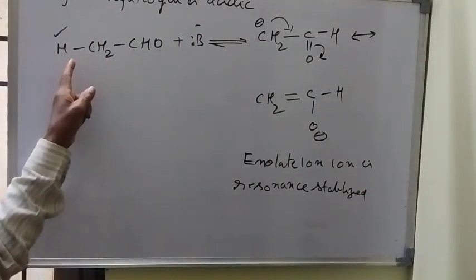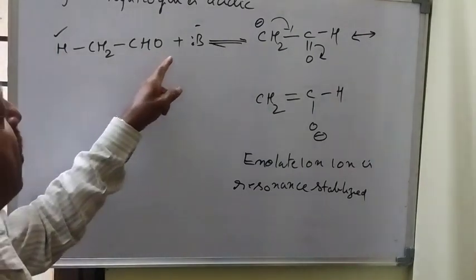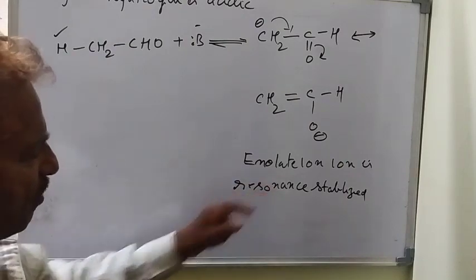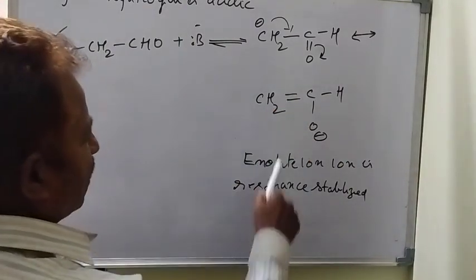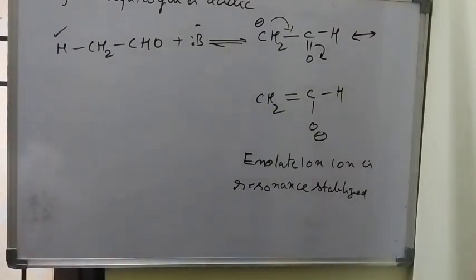This is acidic in nature because this hydrogen is removed very easily. So the leftover ion is resonance stabilized. Since the leftover ion is resonance stabilized, this hydrogen is removed easily. Therefore the alpha hydrogen becomes acidic in nature.